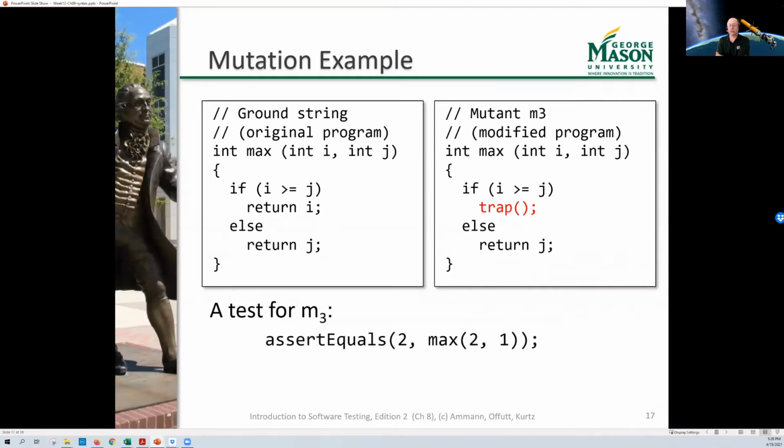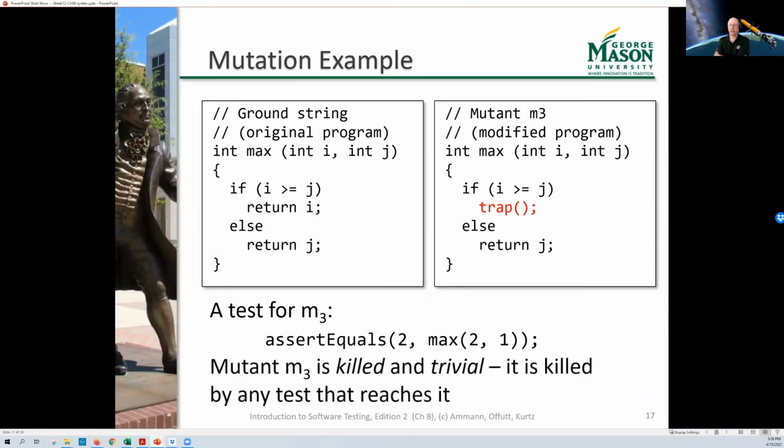So not too difficult. Assert equals 2 and max of 2 and 1. And that'll kill it. And in fact, this mutant is also trivial. Any test that reaches that mutation will be killed, because every test that reaches the mutation will cause the program to crash. Whereas in the original, the program will not crash.